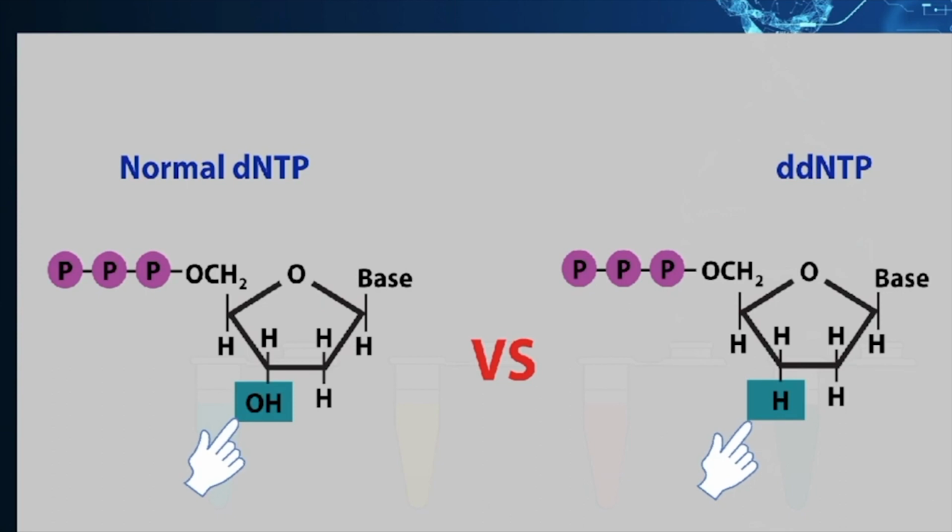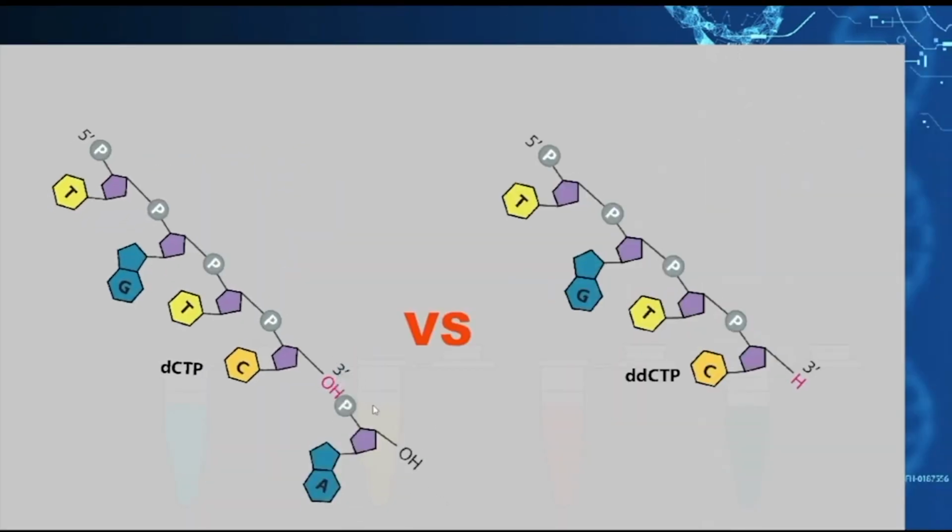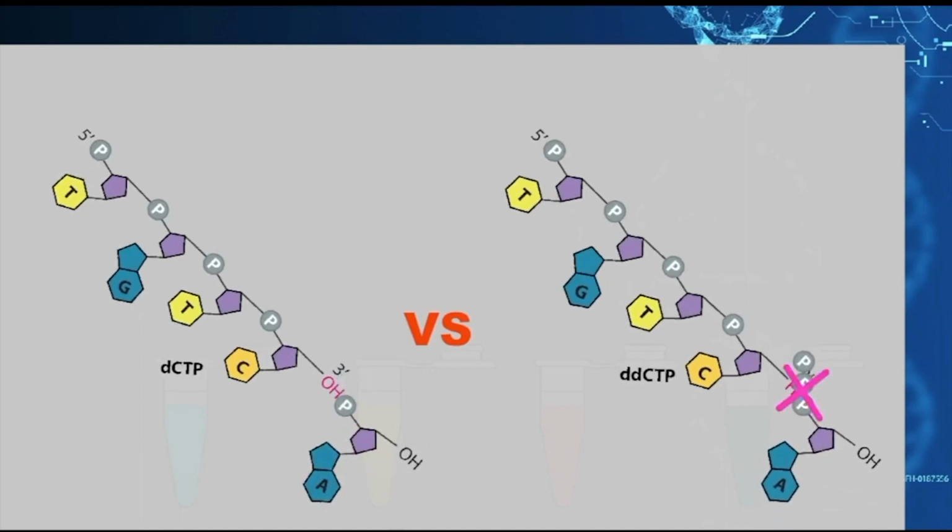Let's see how it is going to stop the synthesis. You can imagine that with dNTPs, it will form a bond by the phosphodiester linkage, and the OH is still there, so that will continue the synthesis.